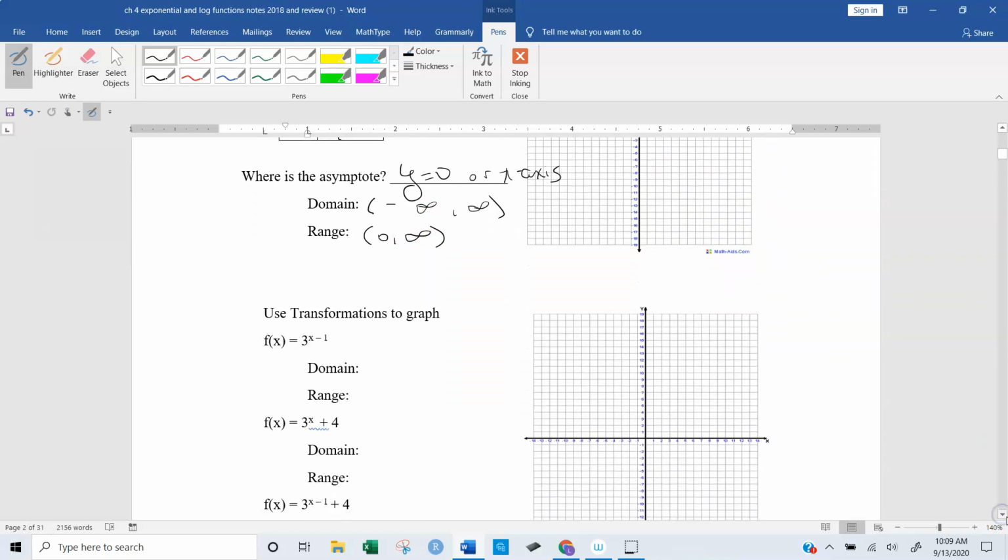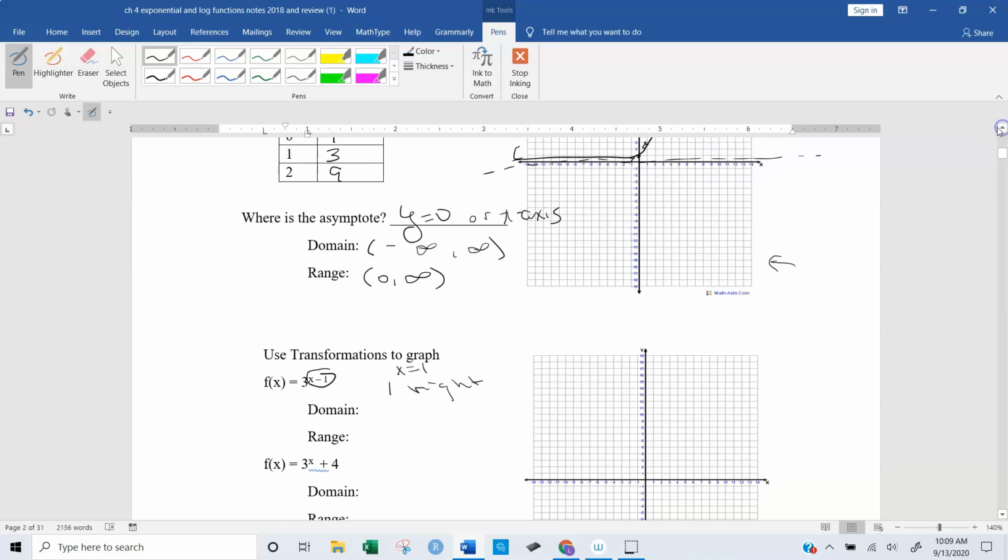Now we want to move your parent graph, and it moves just like before. So now we have x minus 1 is attached, correct? So remember that moves opposite of what it says, so we're going to move x equals a positive 1, so we're going to move 1 to the right. So you're going to take every point up here, and you're going to move it 1 to the right.